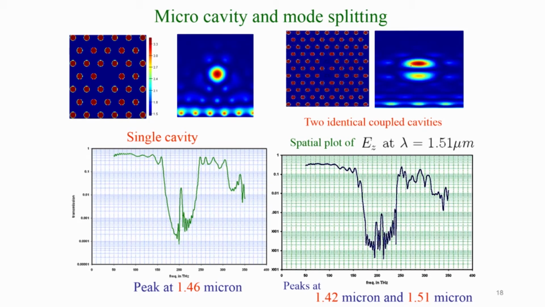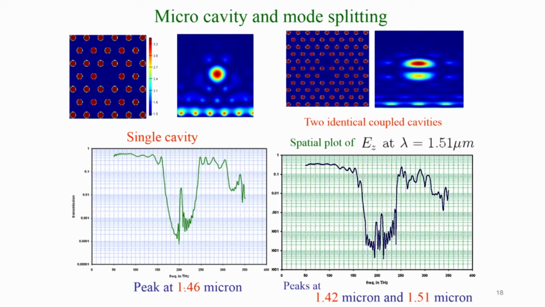So, you can use this if you launch light through this photonic crystal. Second mode, if you launch, it is possible for you to split the mode. You can use microcavities to design resonators or mode splitters. In this particular case we see a peak at 1.46 micron using a single cavity.